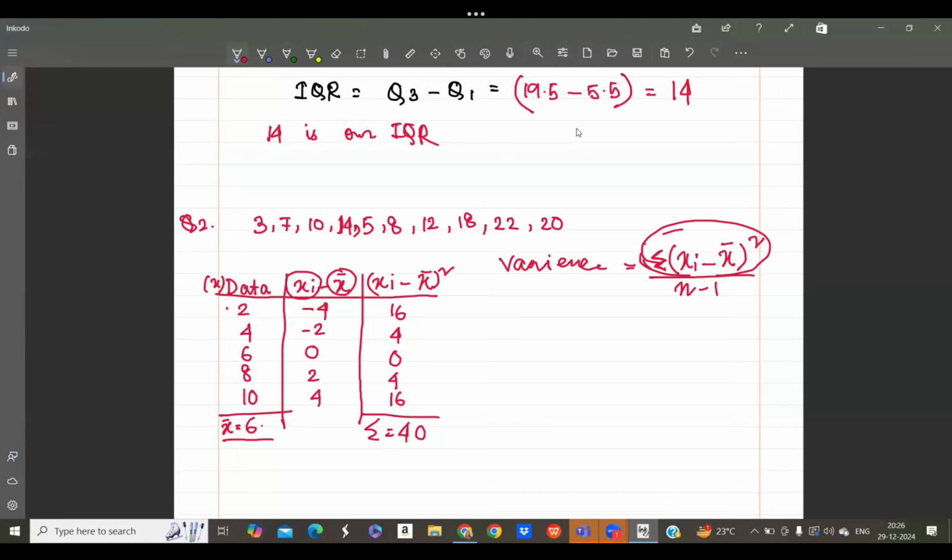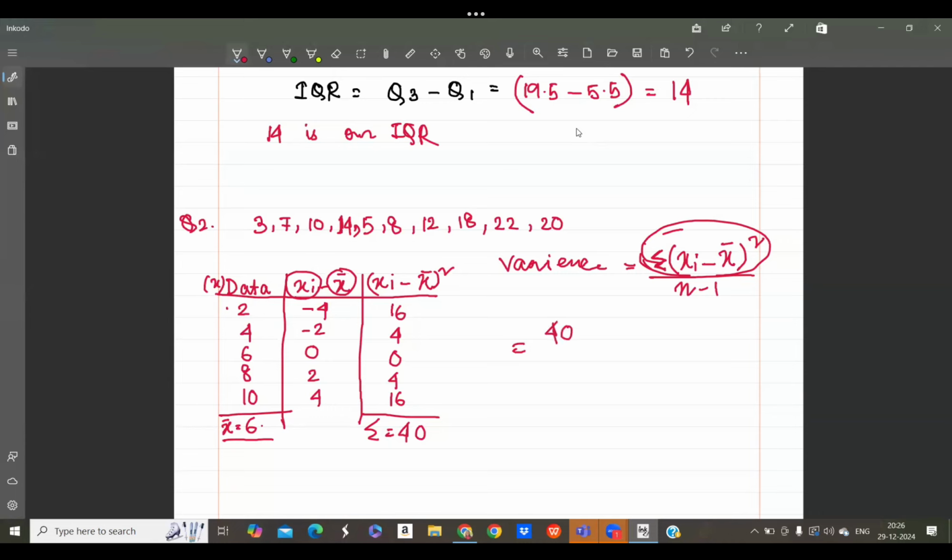Now next is n minus 1. How many data points we have? 5 data points, right? तो क्या करना है अभी? 40 divided by 4.